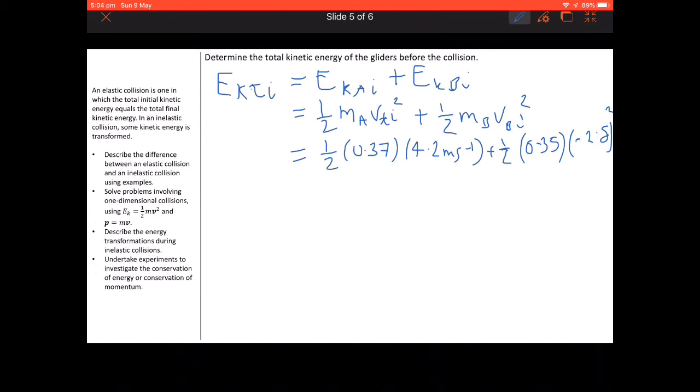Because we're squaring that term, the negative is going to disappear, but it's good practice to write negative just in case. If you pop all of this into your calculator, you'll end up with 4.6 joules. So that's the total kinetic energy of the system, or glider A plus glider B.